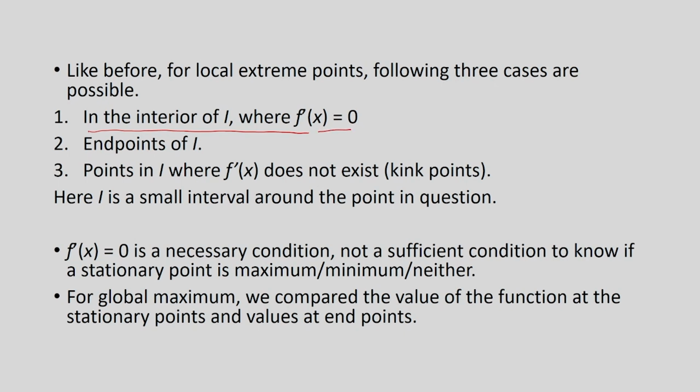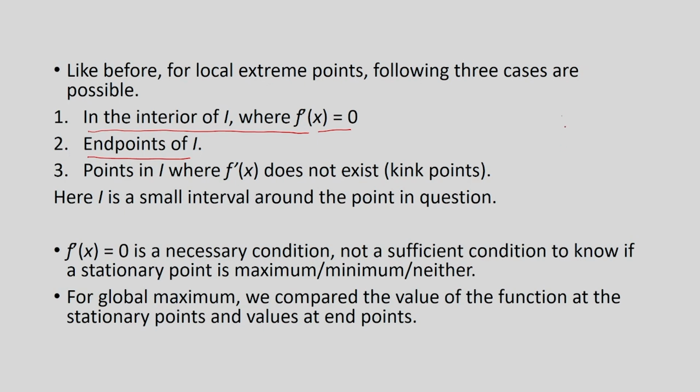So, you have stationary points here, or those could be endpoints of I. So, I is that interval a to b that we are considering. And thirdly, it is possible that points in I where f dash of x does not exist. So, these are kink points, right.